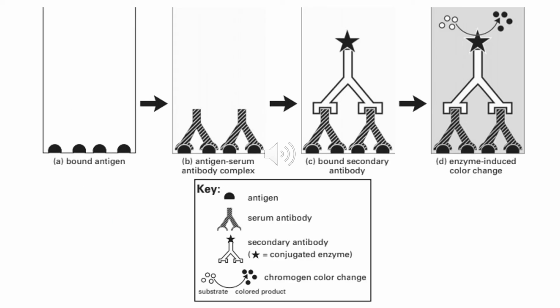So I just want to summarize with this figure what's happening in an ELISA test for a positive patient. So in the first step, we have the antigen that gets bound to the bottom of the wells. And in this case, the antigen is an HIV protein because we're performing an HIV test. So in the second step, the patient's serum gets added to the wells. And if that patient is positive for HIV, they're going to have the primary antibodies that will bind to the HIV antigen.